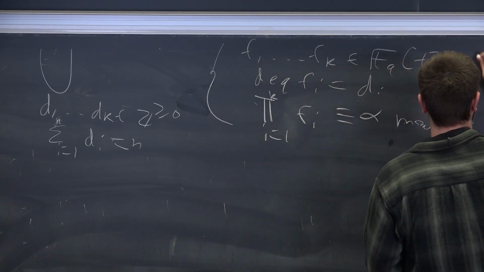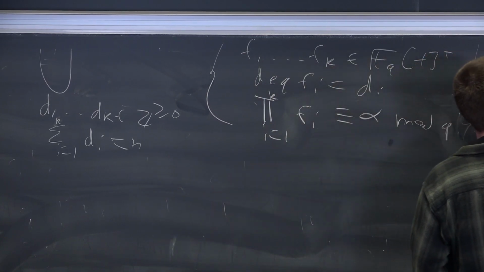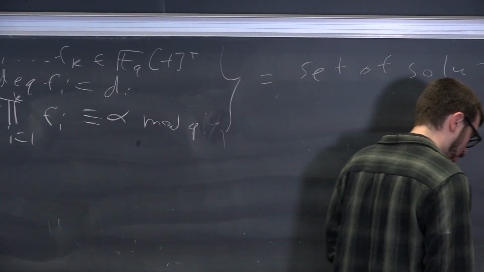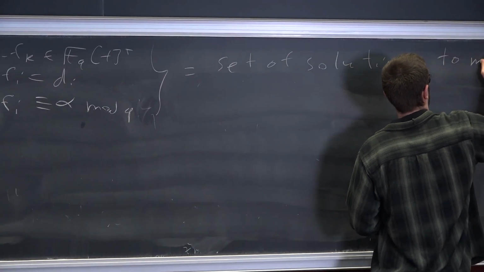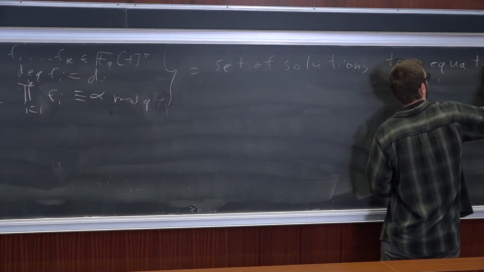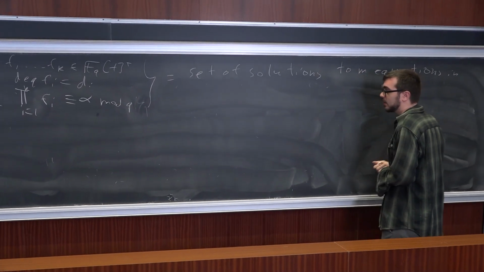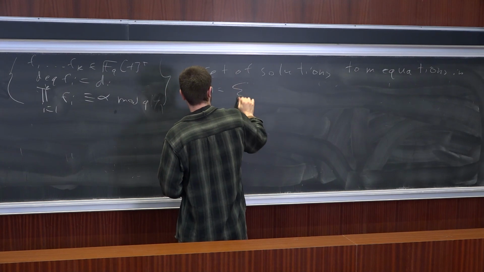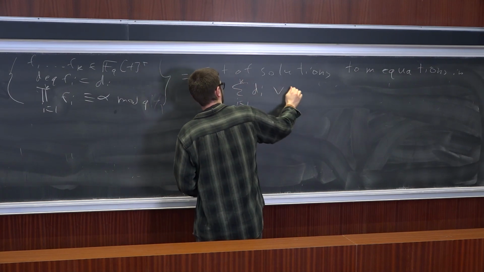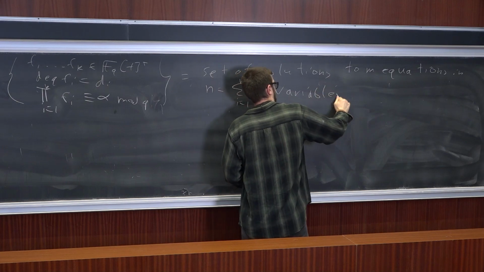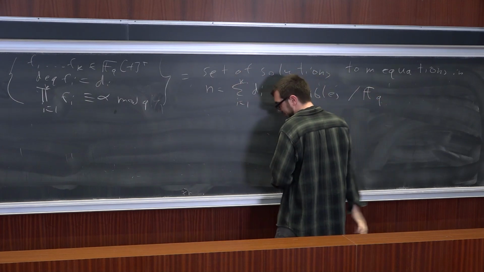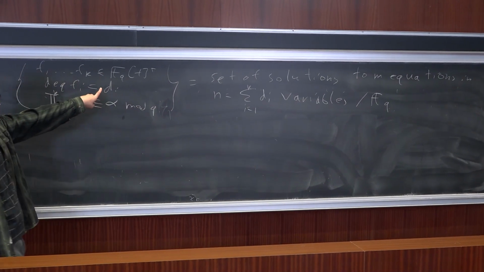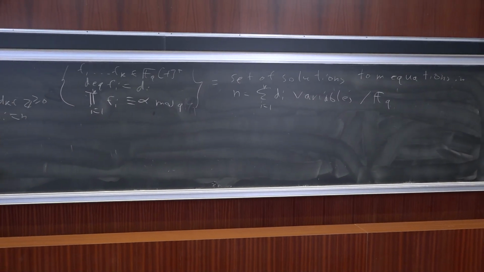And this is the set of solutions to m equations in n equals the sum over i equals 1 to k of di variables over Fq. Why is this? Well, each monic polynomial of degree di has di plus 1 coefficients, which are in Fq.